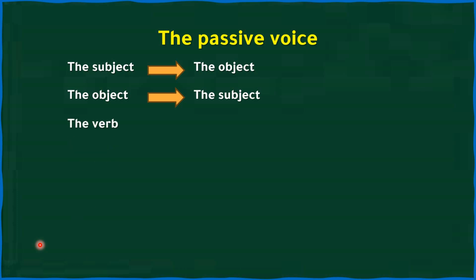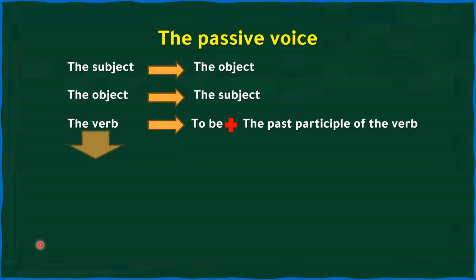For the verb, in the passive, we add the verb to be to the main verb, and we put it in the tense mentioned in the active form, plus the past participle of the verb. Let's have an example.